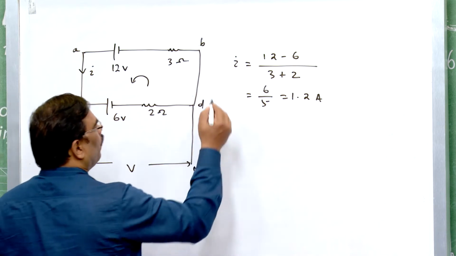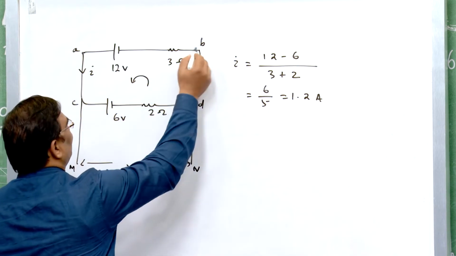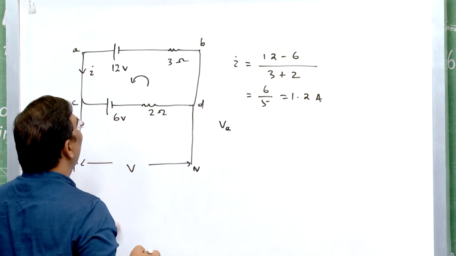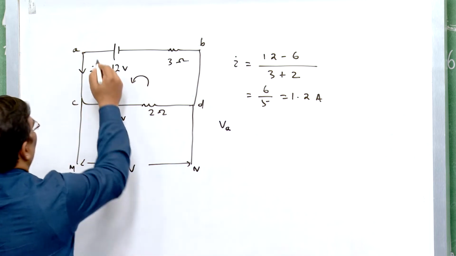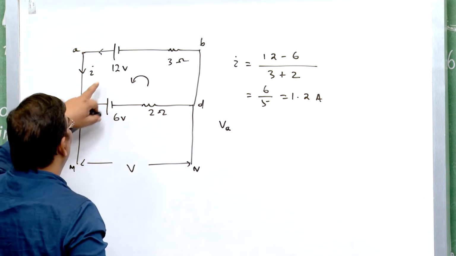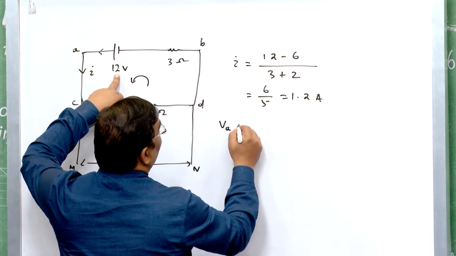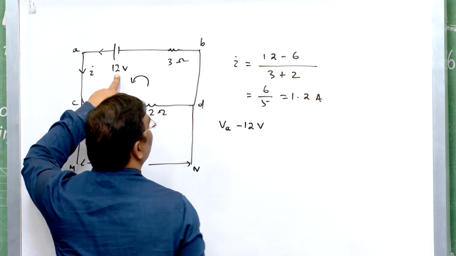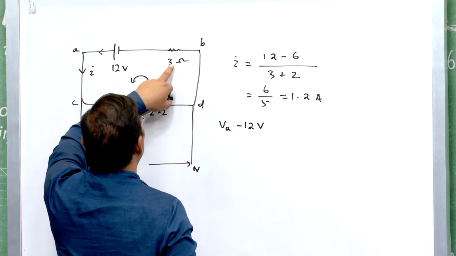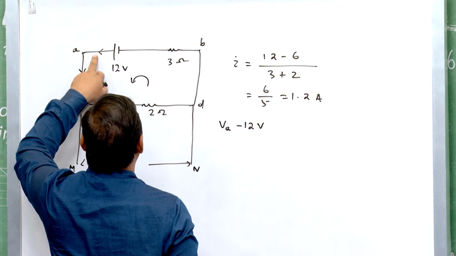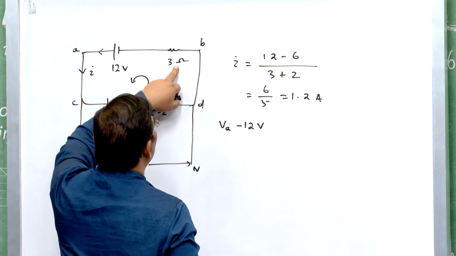So, let us calculate the potential difference between A and B. If I start with VA, current is flowing in this direction. So, this cell is opposing me. So, it is minus 12 volt and my potential is lower than the potential of this resistor.